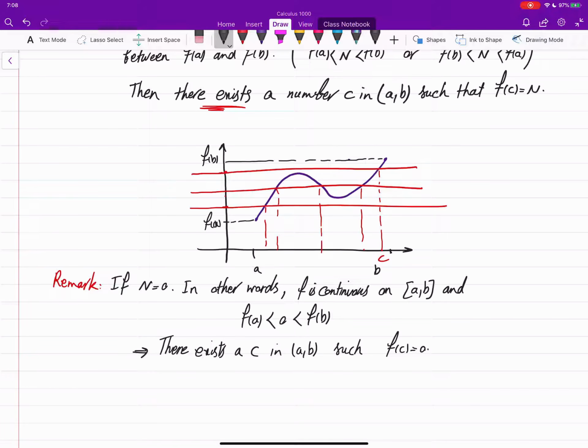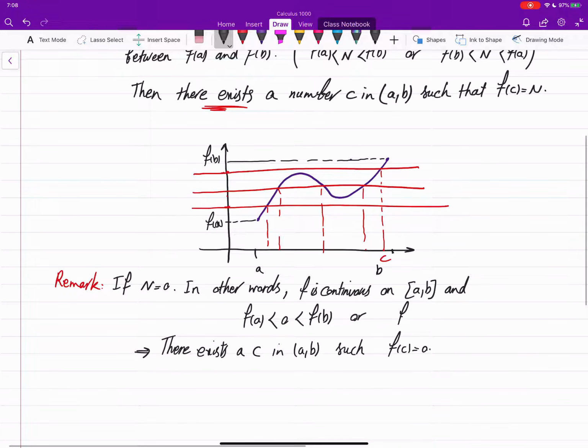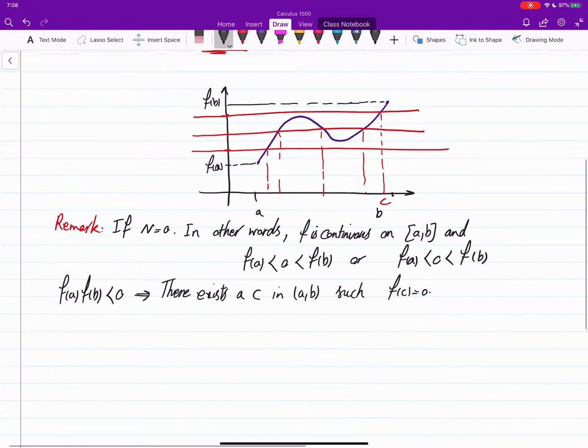No, the other way around is also possible. The only thing you need is basically when you multiply these two values, you get a negative number. In other words, they have different signs. Being continuous and having different signs gives us what we have there.